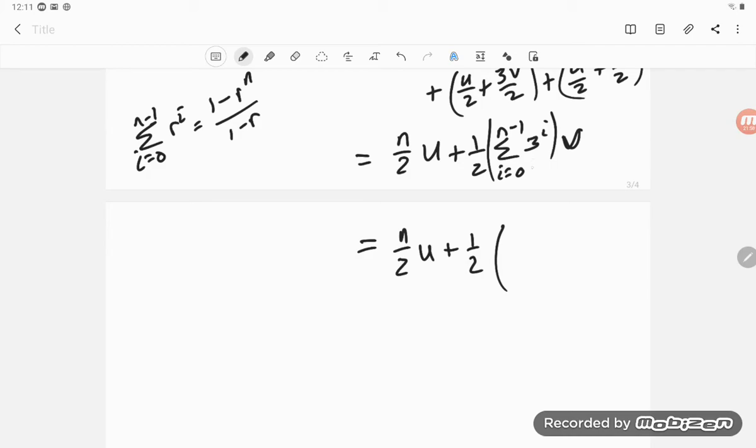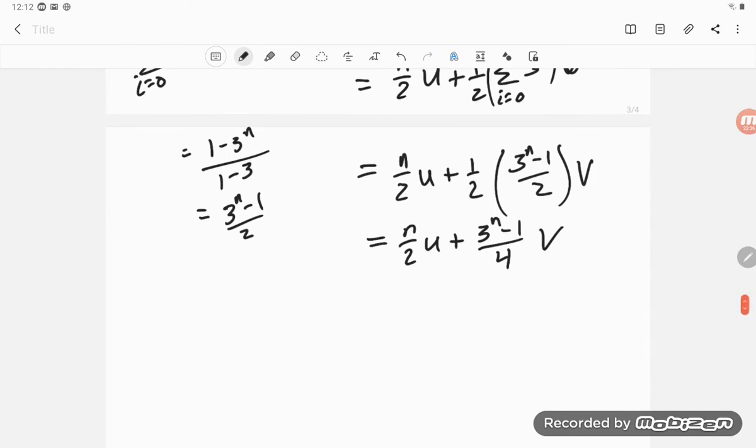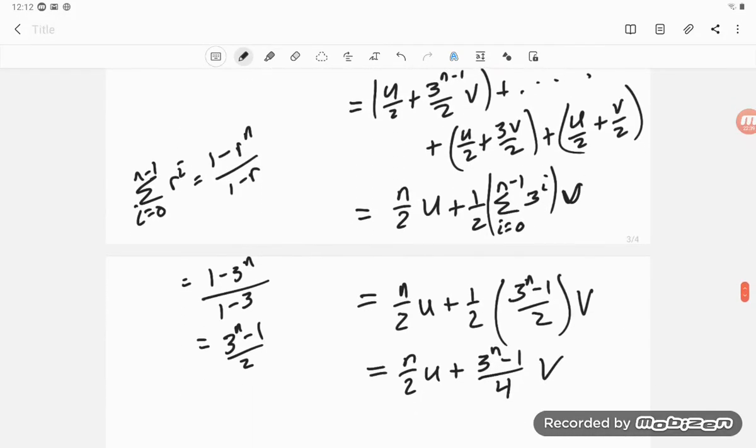Okay, so our value of r is 3, and so we would get for ours 1 minus 3 to the n over 1 minus 3. Well, that's a negative 2 on the bottom, so I could rewrite that as 3 to the n minus 1 over 2. And so we have 3 to the n minus 1 over 2 times v, and that is n over 2 u plus 3 to the n minus 1 over 4 v. Okay, and so that is what they get for that big sum.